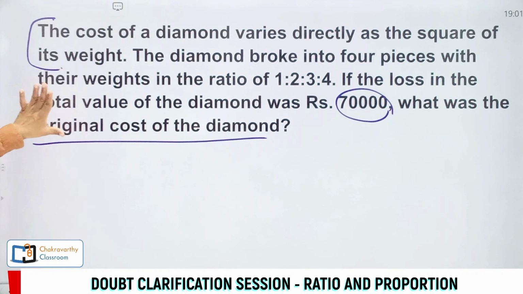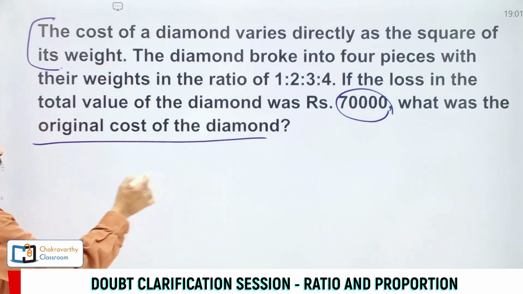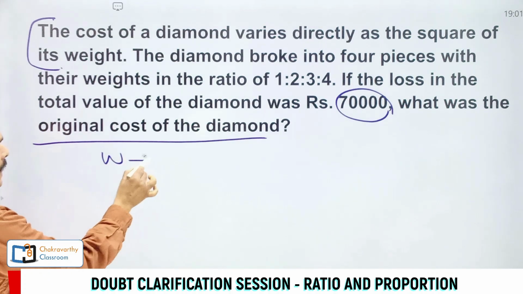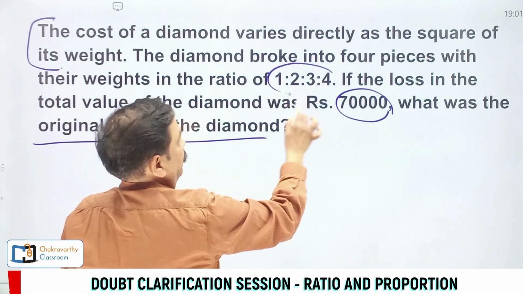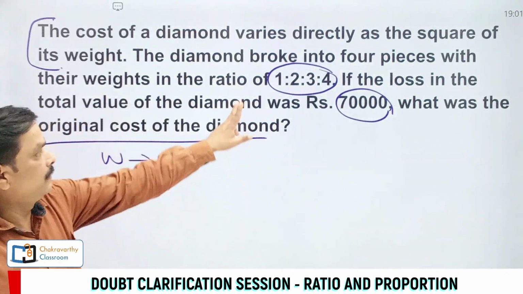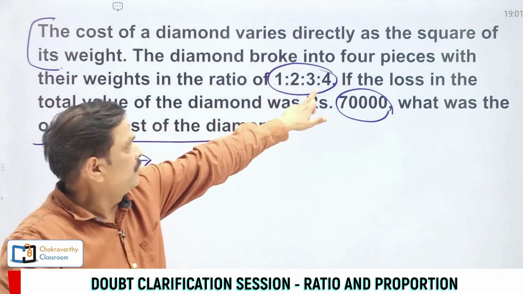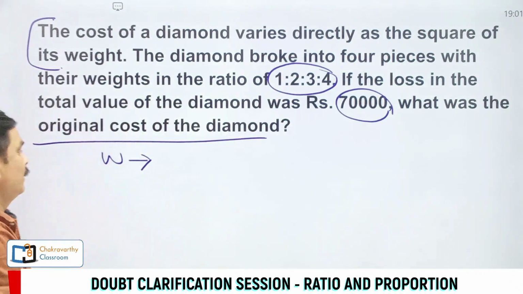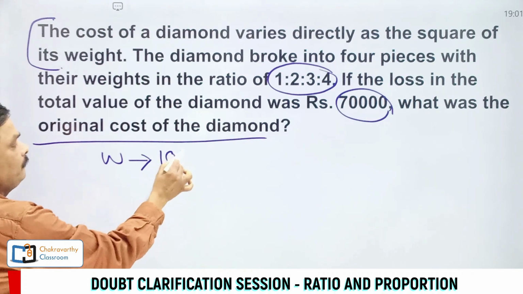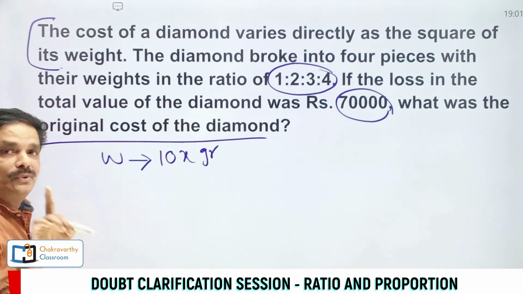Now, according to the given information, if you use algebra, let's take it this way. Let's take the weight of the diamond as a convenient number. Take this for reference, because the ratio 1:2:3:4 means 4 plus 3 is 7, plus 2 is 9, plus 1 is 10. So let us take the weight as 10x grams. I am using algebra.